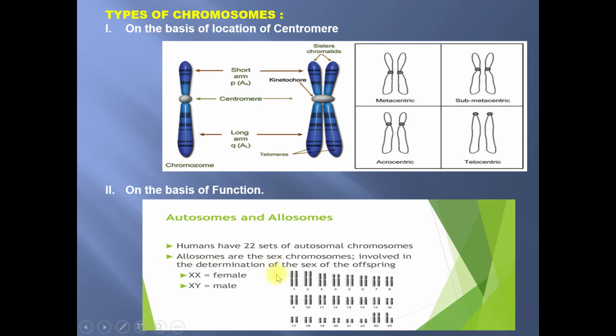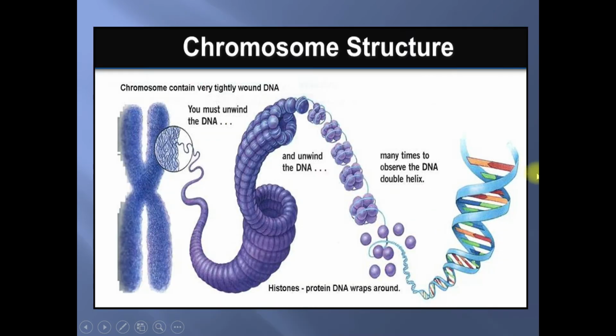When the two chromosomes are similar in size, that is X and X, the offspring is a female child. But when there is a dissimilar pair, X and Y chromosome, where Y is much smaller, it denotes a male child.